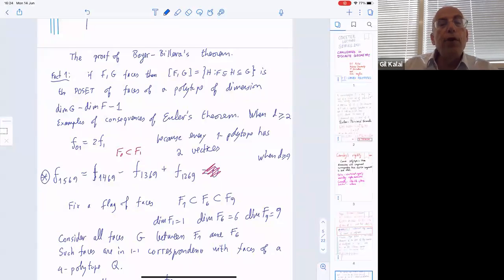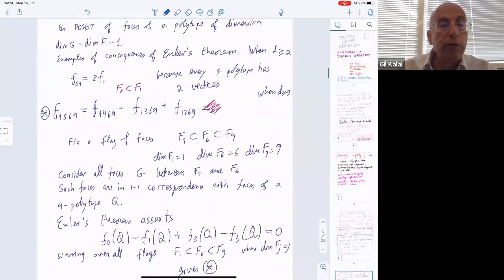And if we sum up over all one-dimensional faces, we get that F_{01} is equal to 2F_1. This is very simple. Here is a slightly more involved identity. If we have a polytope of dimension greater or equal to 9, F_{1569} is equal to F_{1469} minus F_{1369} plus F_{1269}.